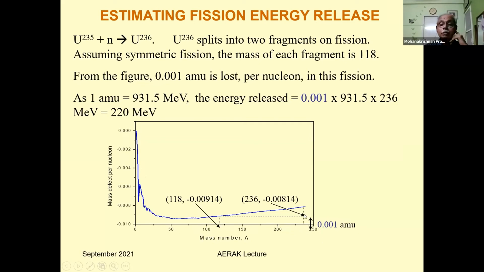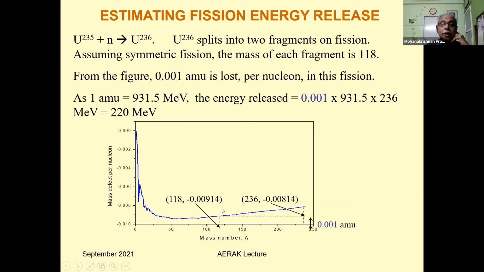So when U-235 absorbs a neutron and becomes U-236, and fissions into two masses of 118, you get a positive energy, because the mass defect here is only 0.00814, and here it is 0.00914.